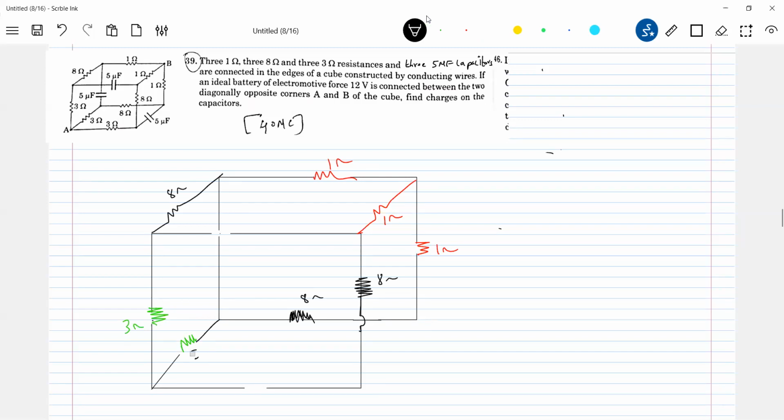Try to see what best you can do in this. It's very simple. It's there in Pathfinder. Just a simple question, not very tough. Just only the basic charge distribution. You have to be careful. Here capacitor. Here one capacitor.